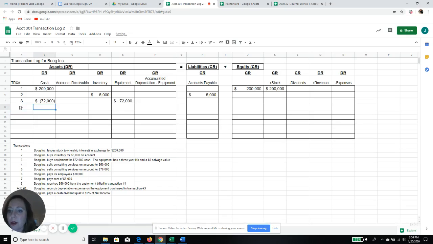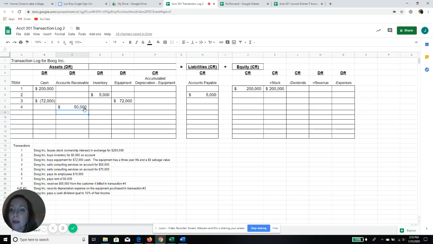Transaction number 4, Boog Inc. sells consulting services on account for $50,000. That means we sold our services, but we're not going to receive the money until later. We call that an accounts receivable because we'll receive the cash later. So I'm going to enter $50,000 in accounts receivable.